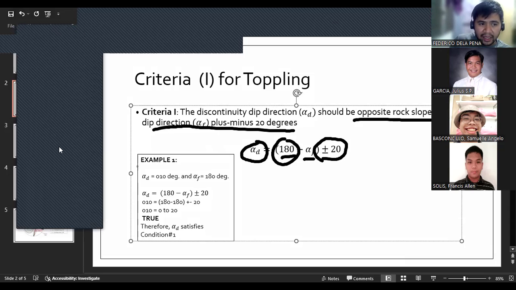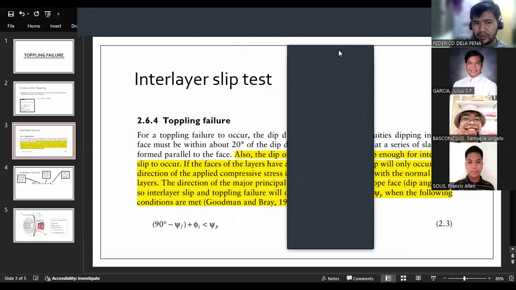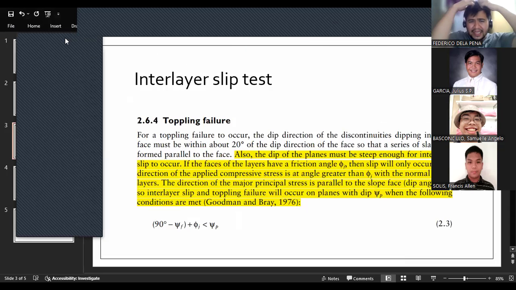The second criteria is what we call the interlayer slip test.